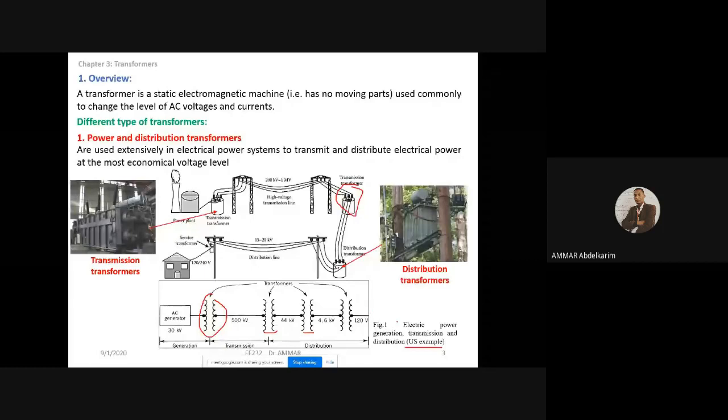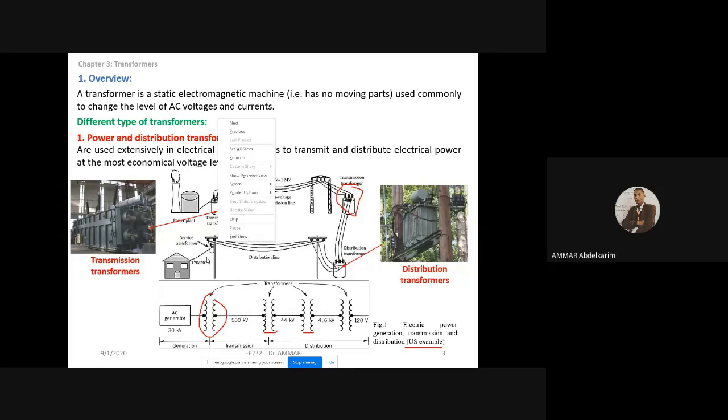So this is an example of US power generation, transmission, and distribution, just to show you the importance of transformers in the AC network. We cannot make an AC network without transformers. Okay, let's move to the next slide.